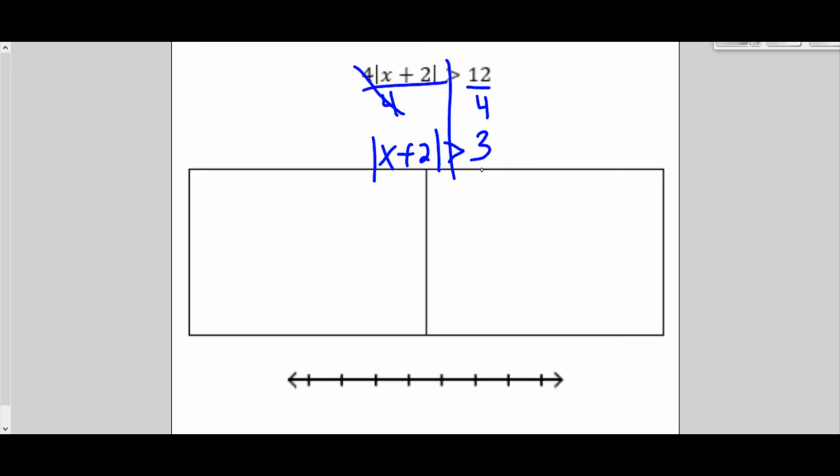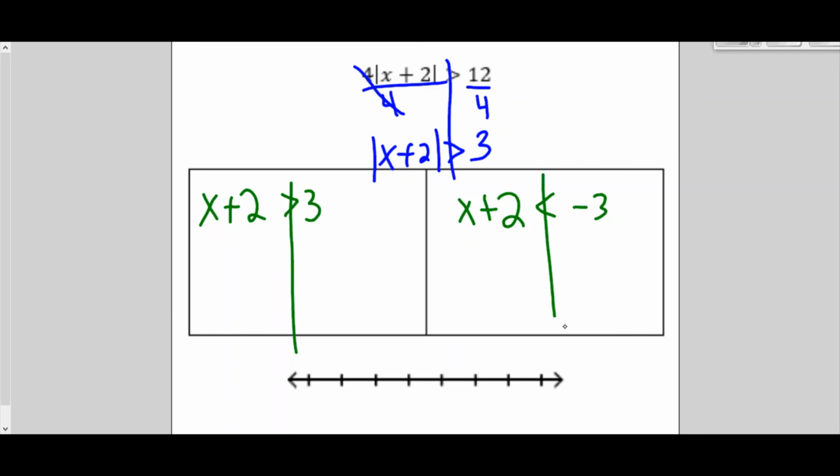And now you can create your two problems. So x plus 2 is bigger than 3, or x plus 2, remember you're switching the sign and changing the sign of the number. Then draw your line, and then you can solve this one.